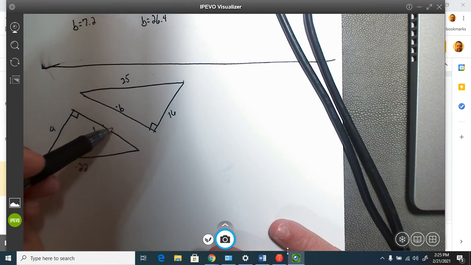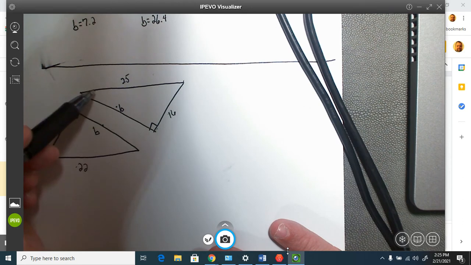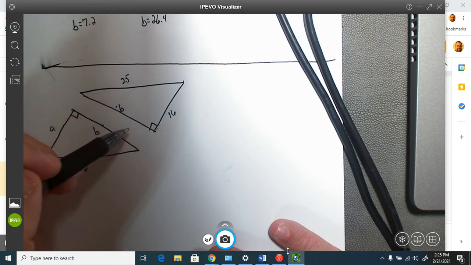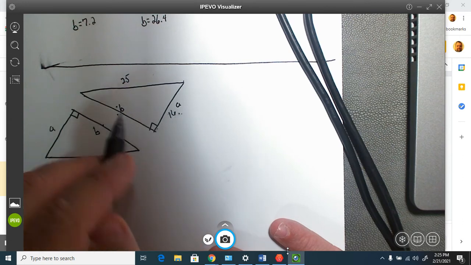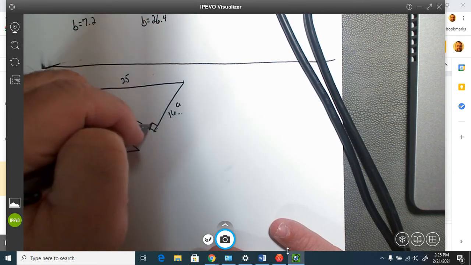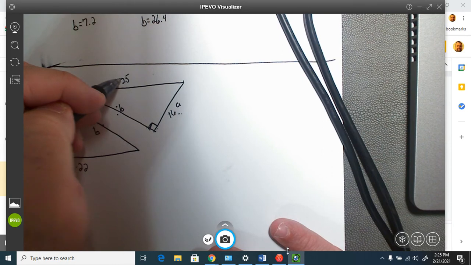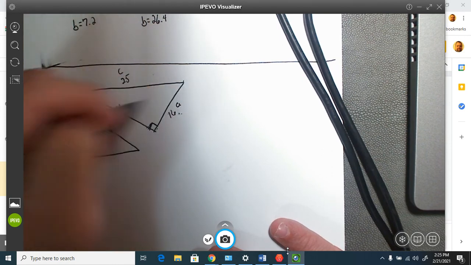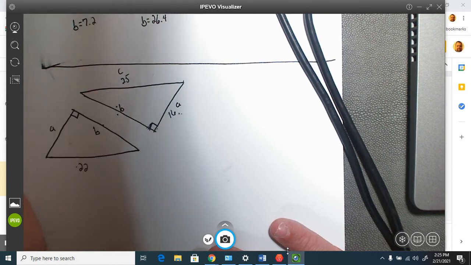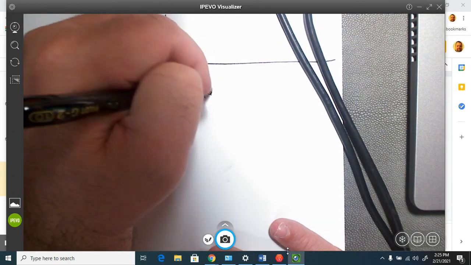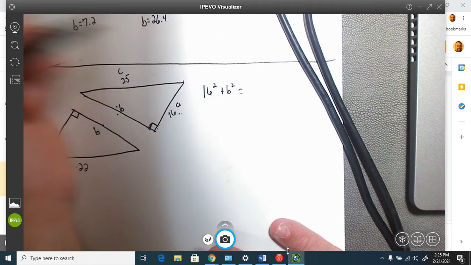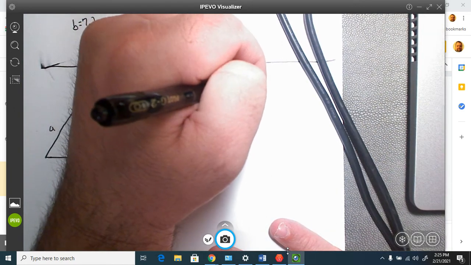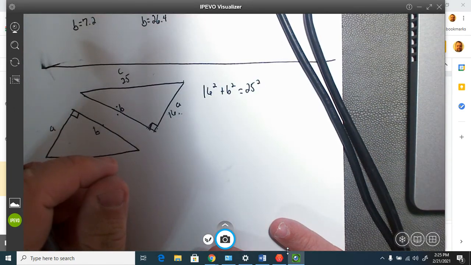Okay, so first let's identify our sides on this top triangle. This is leg A, this is leg B. They both touch the square. This side over here is C. It doesn't touch the square and it's being pointed towards. So if I set this up, 16 squared plus B squared equals C squared.